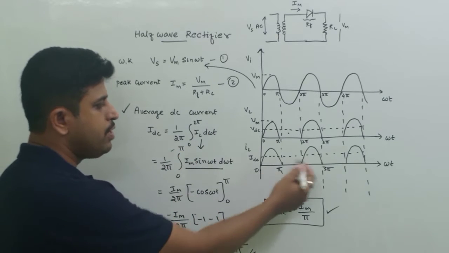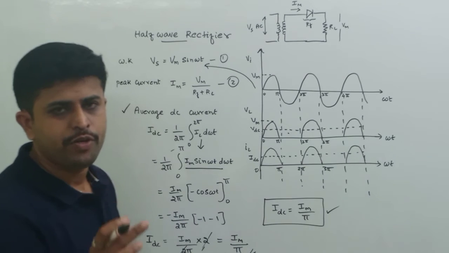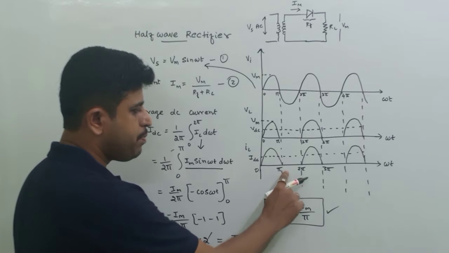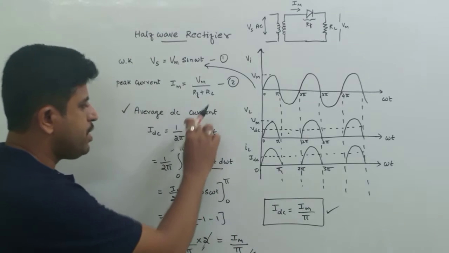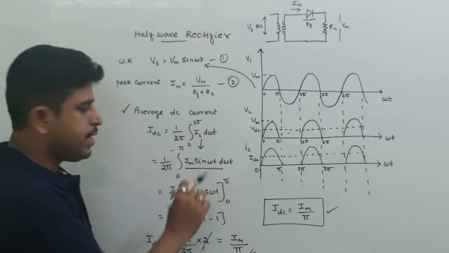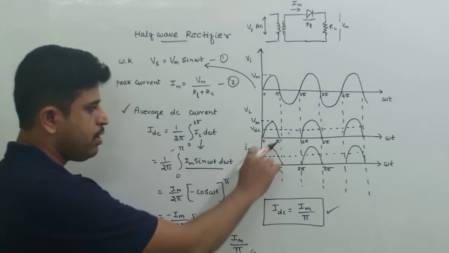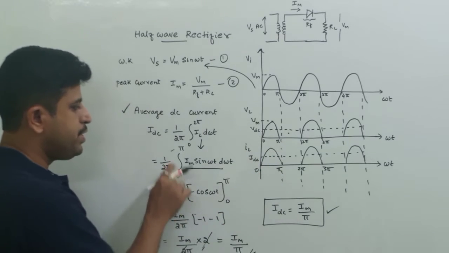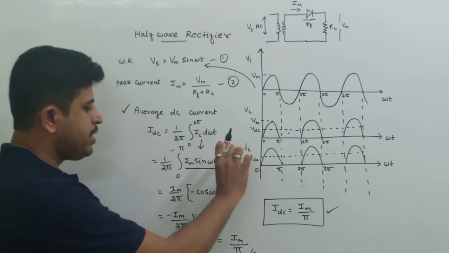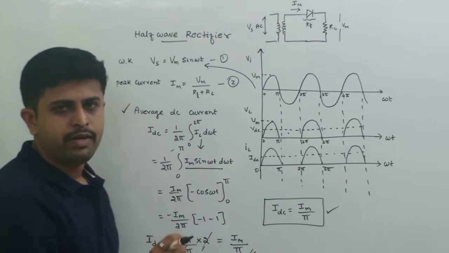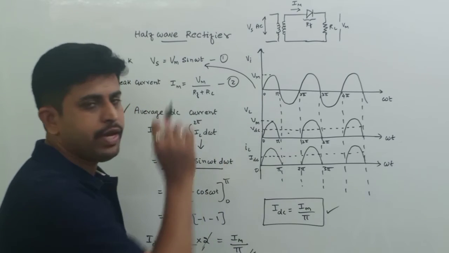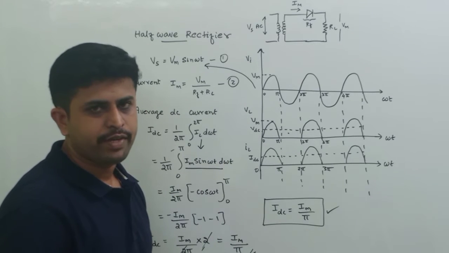Because our current exists only for the positive half cycle and it does not exist for the negative half cycle, that is from pi to 2 pi. So the limits are changed while integrating this, because our load current exists only for 0 to pi. Now we will integrate this and we will solve. That is going to give us the average DC current what we are going to get from this half-wave rectifier circuit.